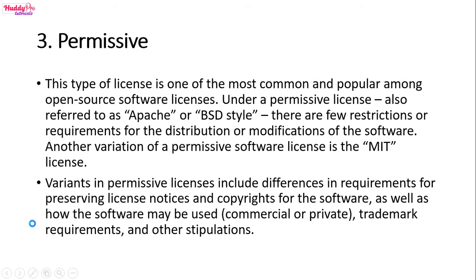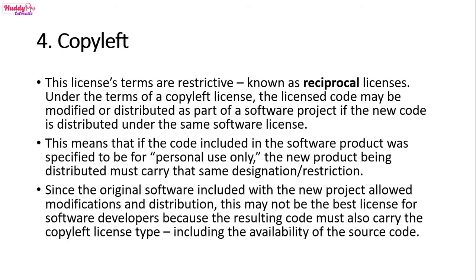Okay, let's continue. Let's talk about the copyleft. These license terms are restrictive, as we noted in the previous tutorial, and they are known as reciprocal licenses. Now, under the terms of the copyleft license, the licensed code may be modified or redistributed as part of a software project if the new code is distributed under the same software license.